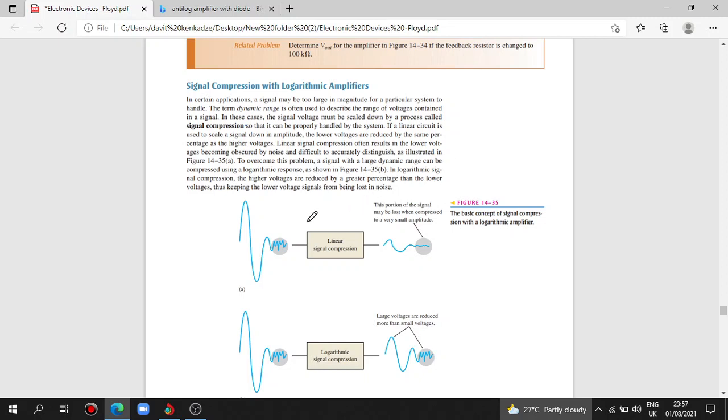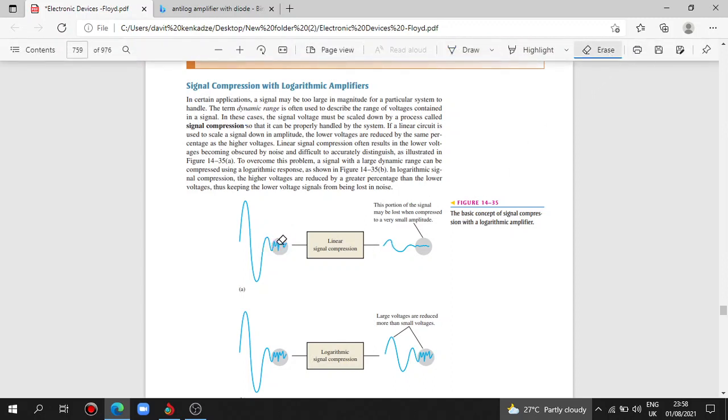When we have some signal, there is some noise too, and noise sometimes has high frequency and maybe high amplitude, and our good signal is something like this. When we make linear signal compression, both parts of the signal get compressed and the good signal gets destroyed.